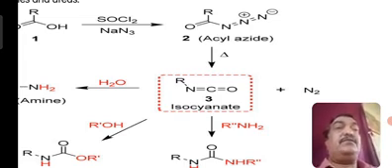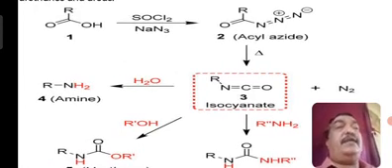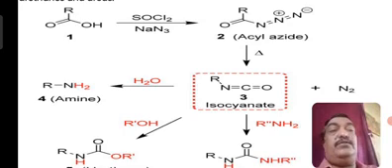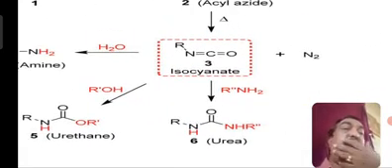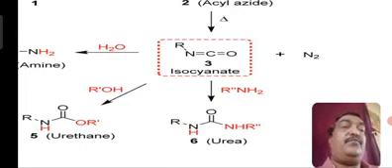Well, my point of discussion is that a carboxylic acid when treated with thionyl chloride and sodium azide forms acyl azide. Acyl azide on warming gives isocyanate. This isocyanate on heating with water gives amine, heating with alcohol gives urethane, and heating with an alkyl-substituted amine will form urea.